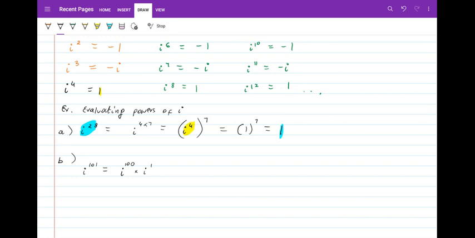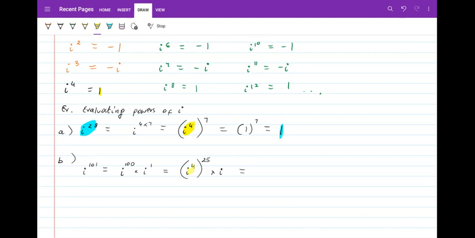The product of exponents with the same base is equal to adding the exponents together. Now i to the power of 100, I'm going to rewrite as i to the power of 4, and then everything to the power of 25, because 4 times 25 will give me 100, times i to the power of 1, which is just i.